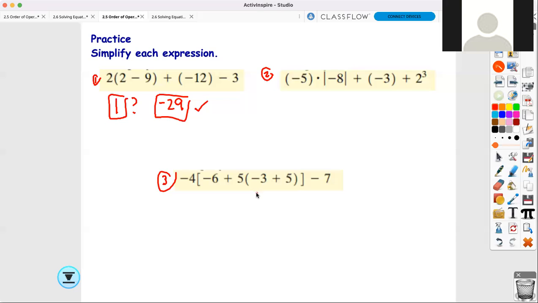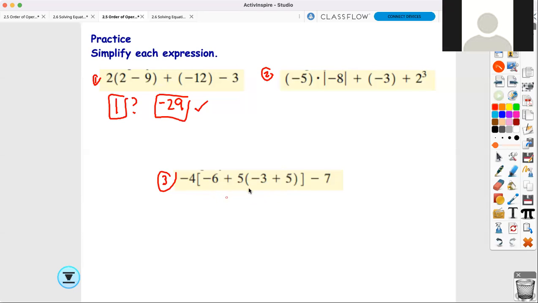I simplified the parentheses, and then I multiplied the 5 and the number that I got with the 3. Yes, sir, that's correct. So I got 10, and then I did the -6 plus the number that I got, and I got a positive number.